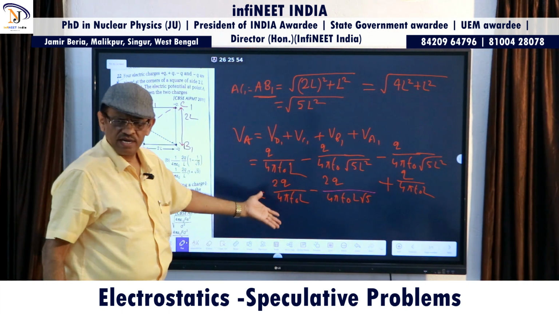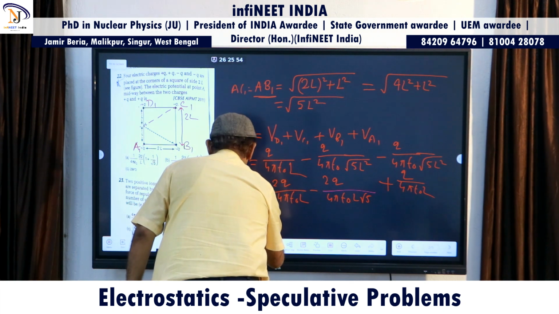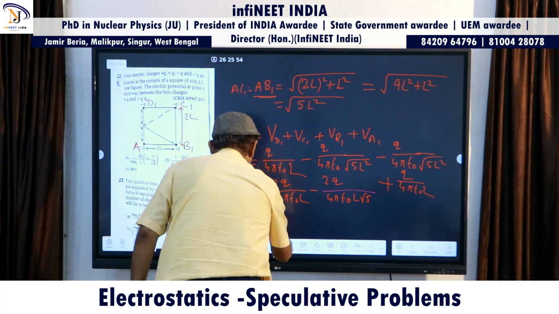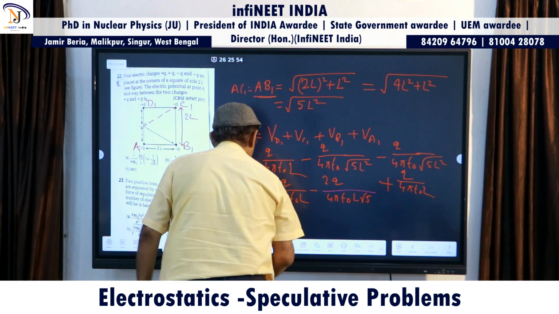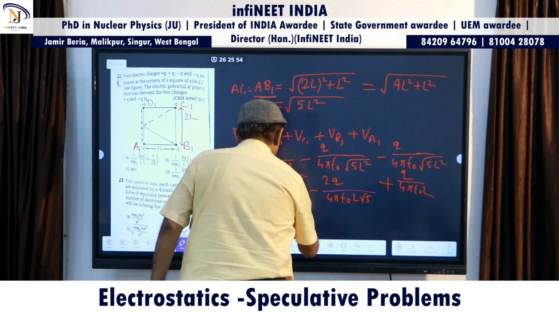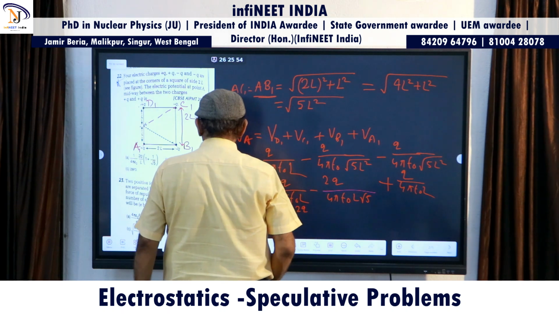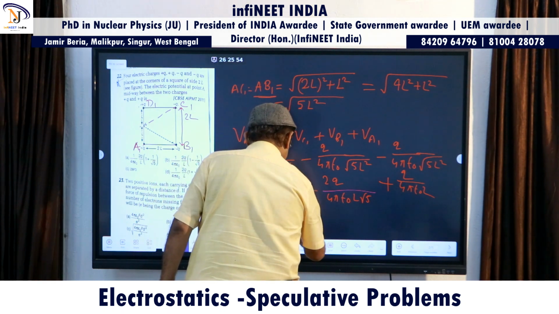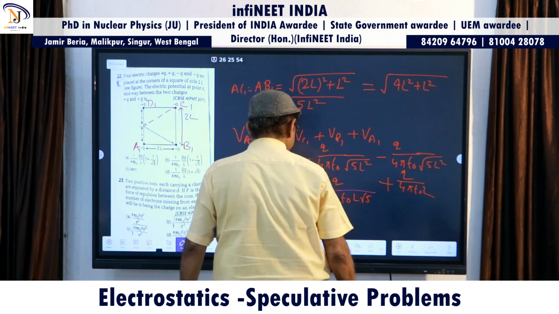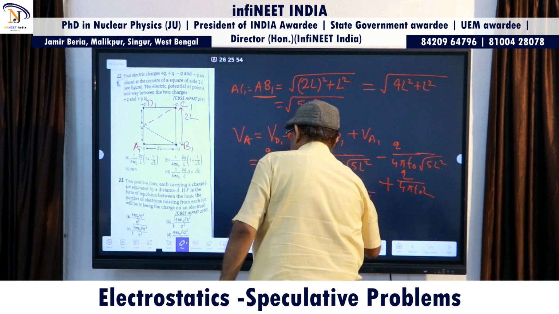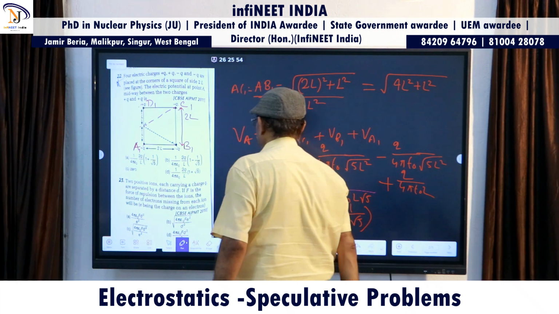Am I clear? So what you can take? You can take common as 1 by 4 pi epsilon naught into 2 cube by L. What is the result? 1 minus 1 by root over 5.